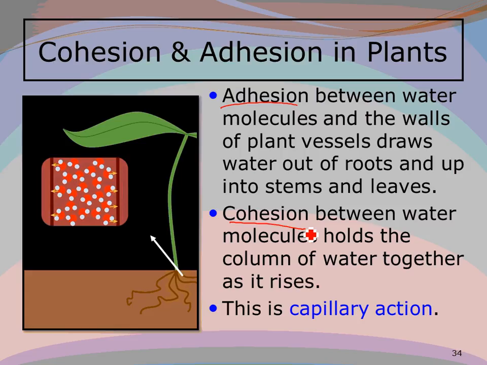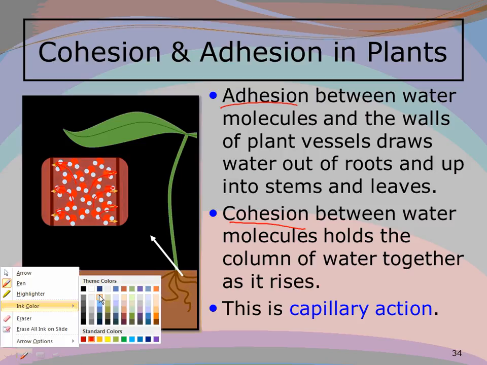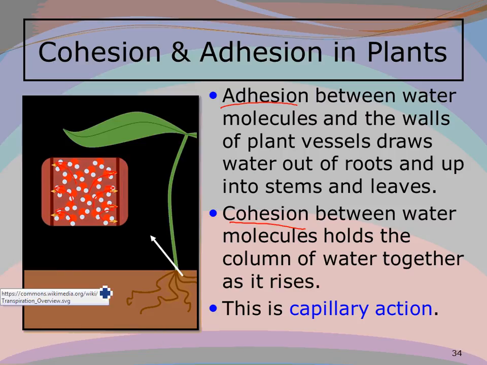And what happens is you see the water molecules attracted to the sides of the stem on the inside. I'm going to change color so you can see it. So those water molecules are attracted to the side of the tube.